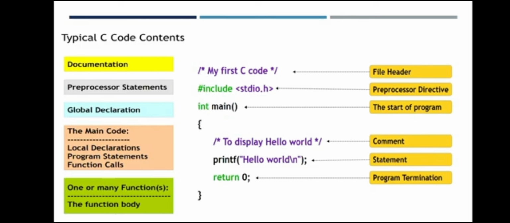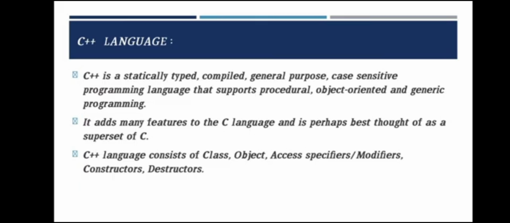C keyword categories are data types, modifiers, qualifiers, loops, jump, decision, storage class, derived, user-defined, and others. These are the keywords that we use while programming in C. Typical C code contains documentation, preprocessor statements, global declaration, and the main code.